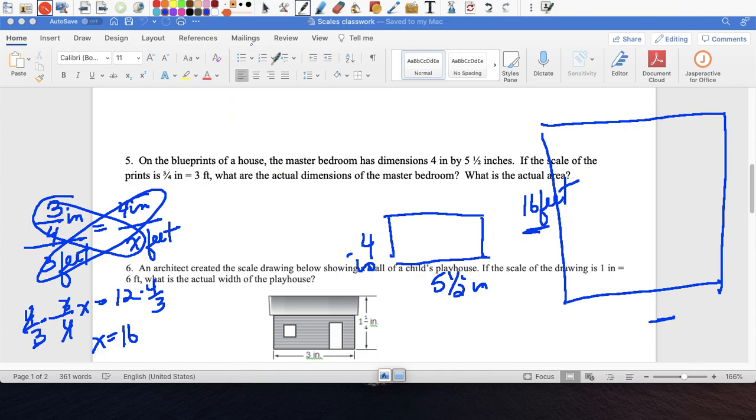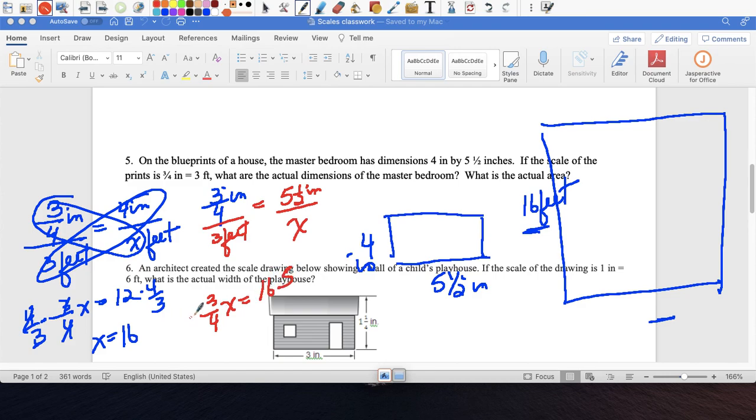Now we're going to set up another proportion to find 5.5. So our original scale, 3/4 inches is 3 feet. And this time around, we want to know what 5.5 inches is in real life. Right? Cross multiply again. We have 3/4 of x equals 3 times 5.5, which is 16.5.